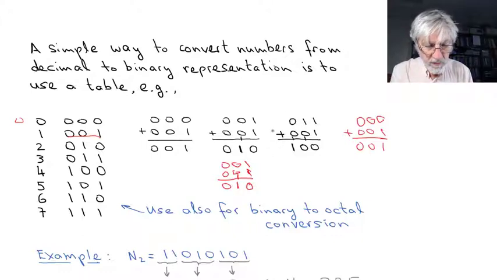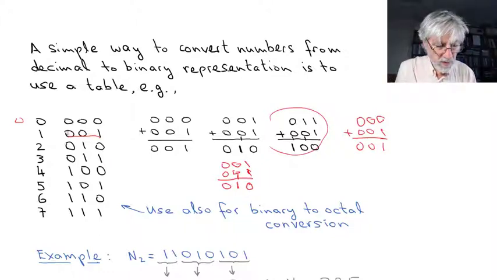Here is a more interesting case where we have 0, 1, 1. So we have 3, so we count 0, 1, 2, then it comes 3. And after 3, we run out of digits if we only have 2 binary digits. And so we need a third digit now. So we take 1 plus 1 is 2, so we write a 0 here and keep a 1 over here. And then we have another 1 plus 1 is 2, we write a 0.